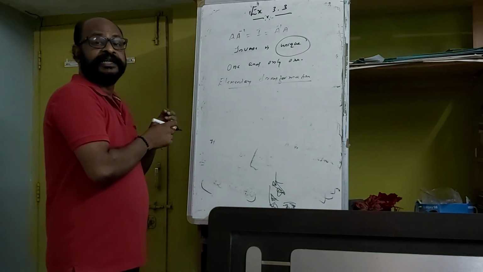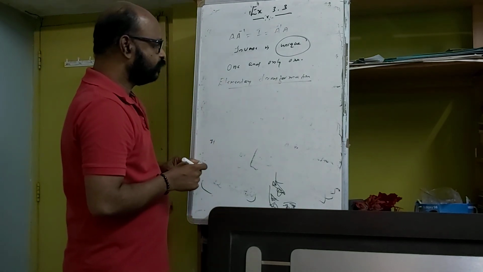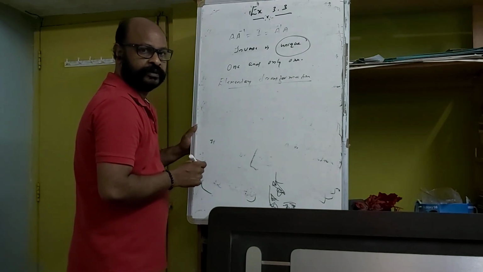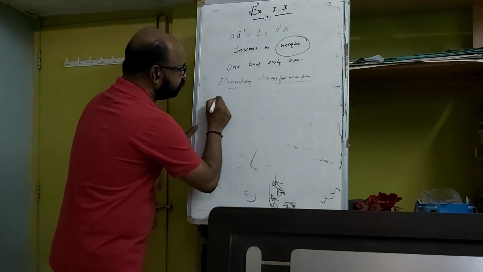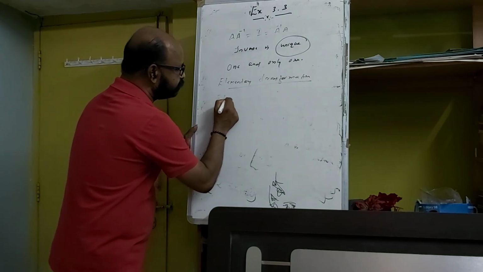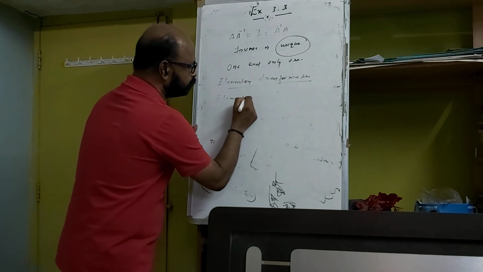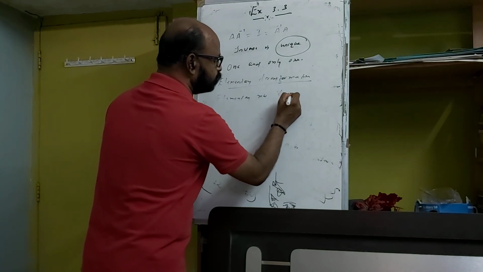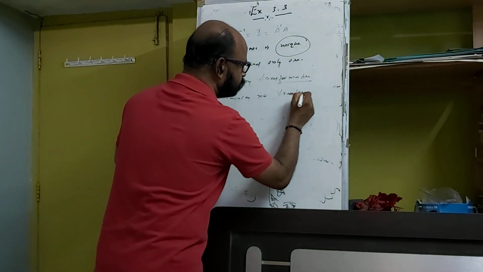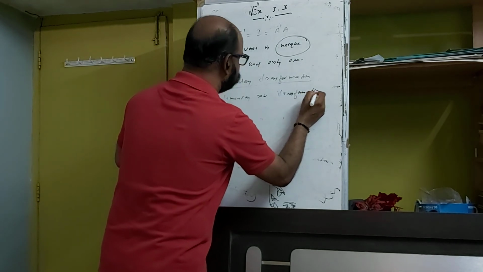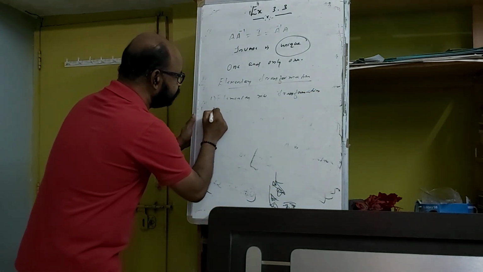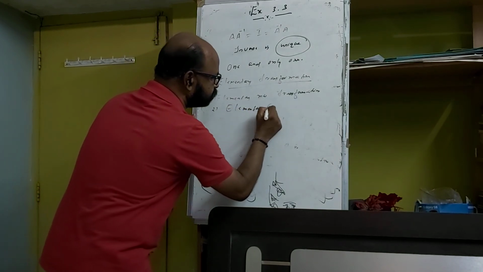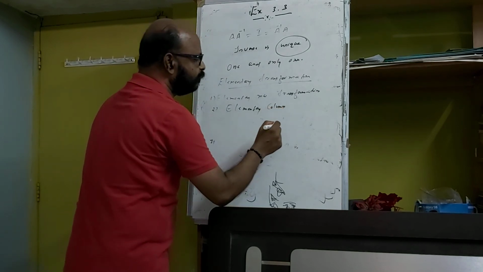In elementary transformation, there are two types. One is elementary row transformation, and the second is elementary column transformation.